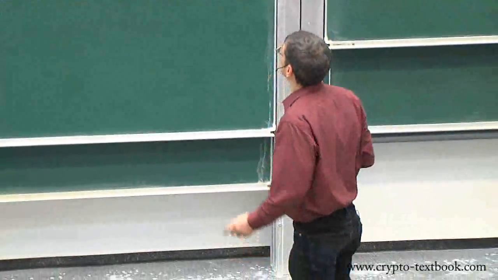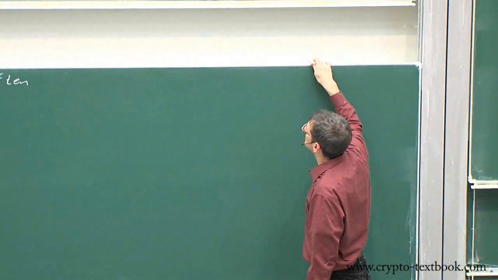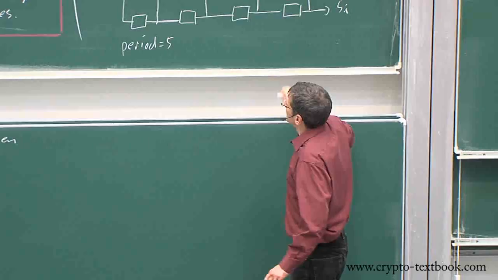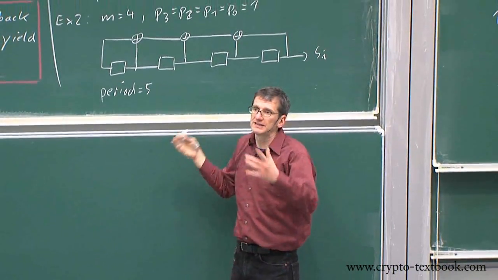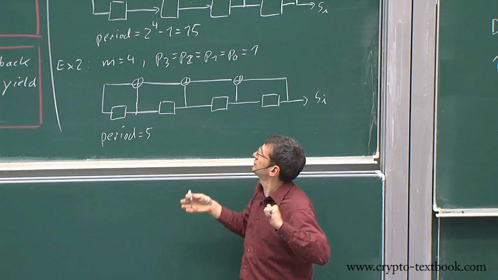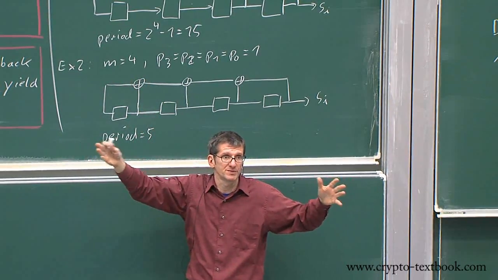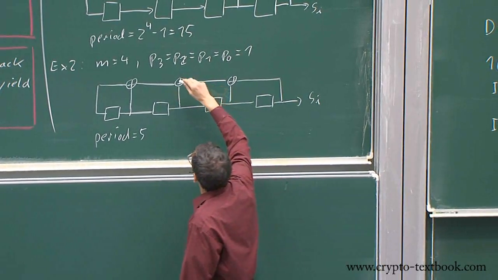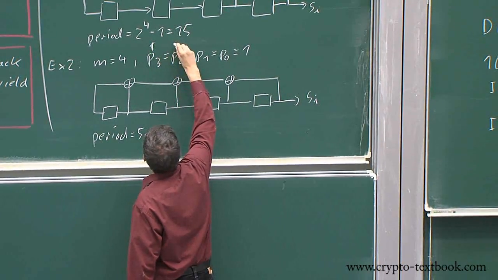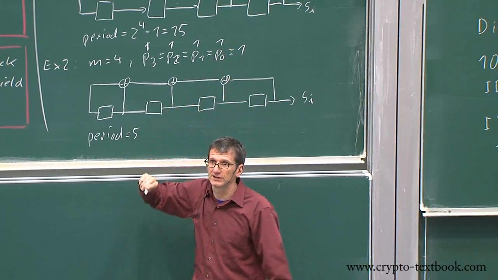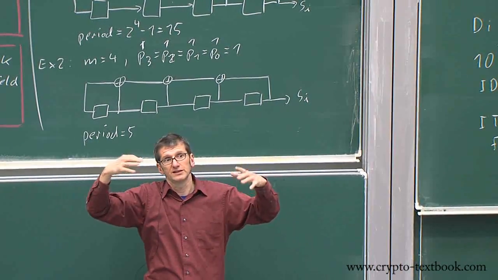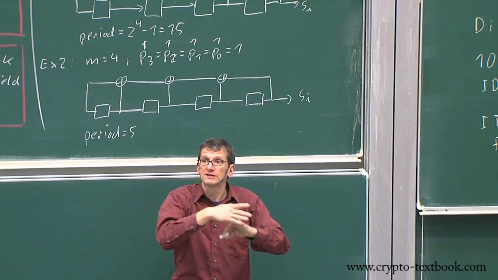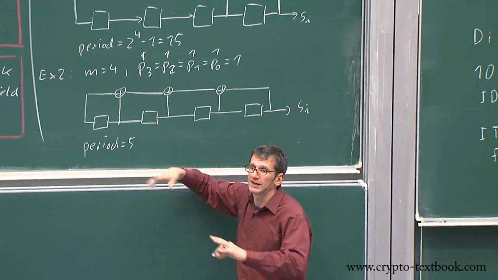I don't know whether that's clear to you, but in order to know what an LFSR is in great detail, there's only 2 things I have to give you. I have to give you the degree, so you know how many flip-flops there are, and I have to give you this vector with the P's. So this would be 1, 1, 1, and 1 in this case. If I tell you there are 4 flip-flops and the switches are closed, closed, closed, closed, everybody can do this drawing. You can also do that for larger ones.